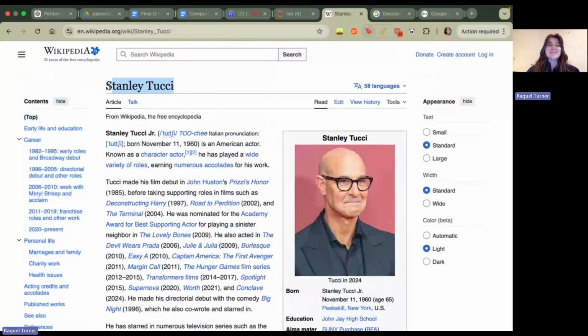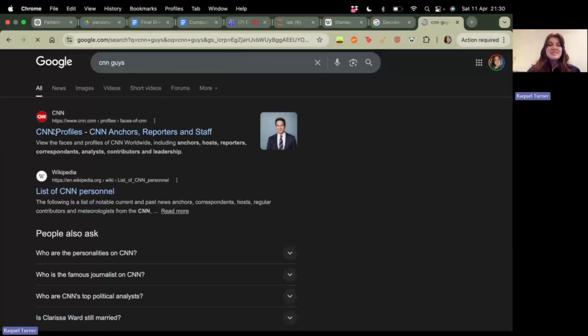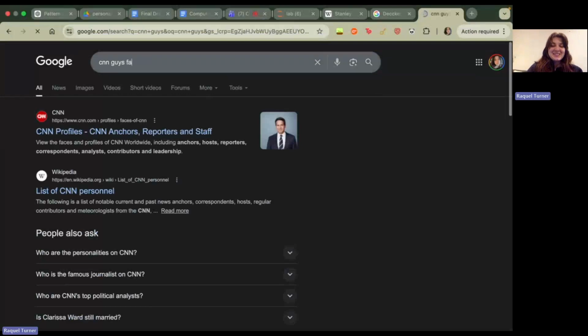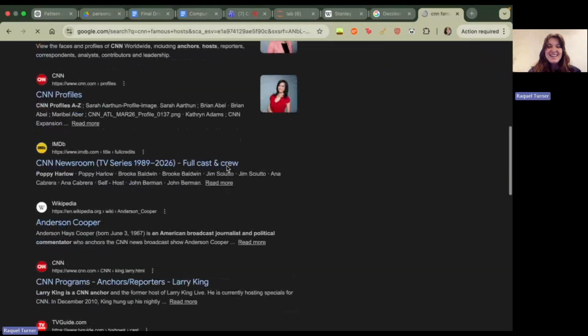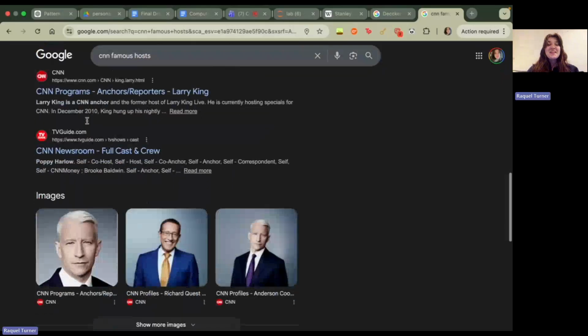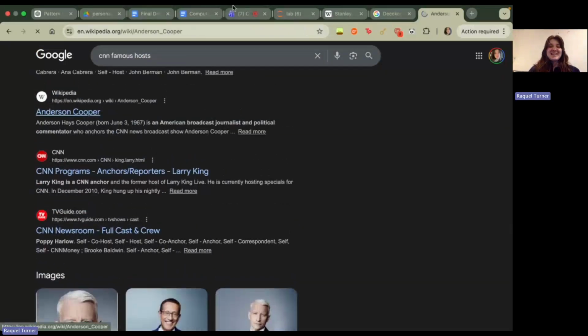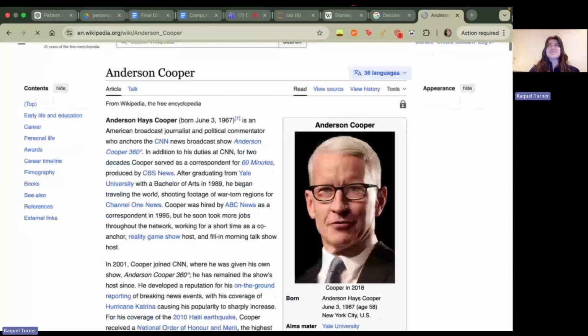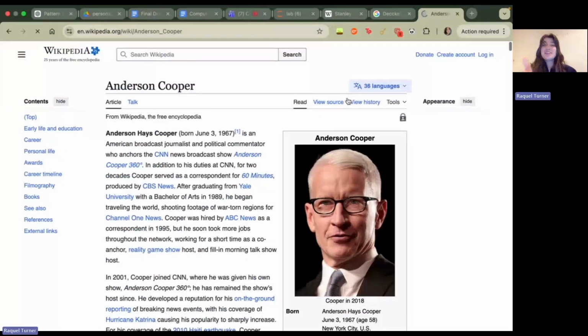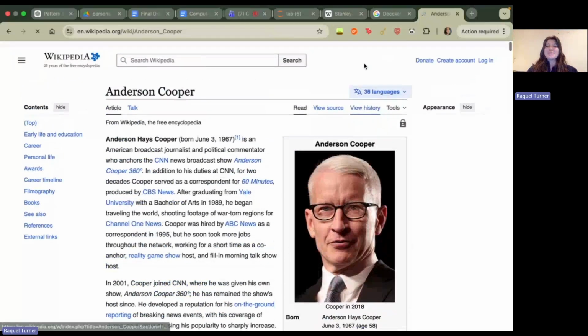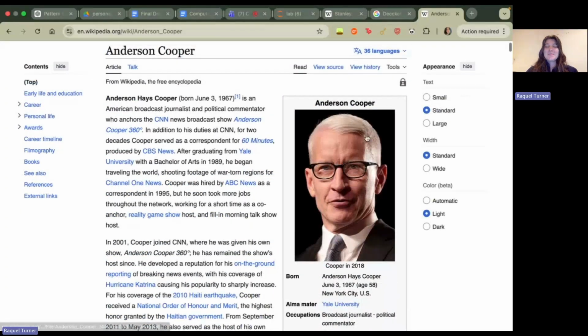Who am I mixing this person up with? There's an Anderson Cooper. Why did I mix it? Oh my gosh, they look nothing alike. It might not be Anderson Cooper, but I think I was thinking. No, they do look alike. Oh my gosh, I wasn't insane. I was like, this is the guy from CNN, and it definitely wasn't.